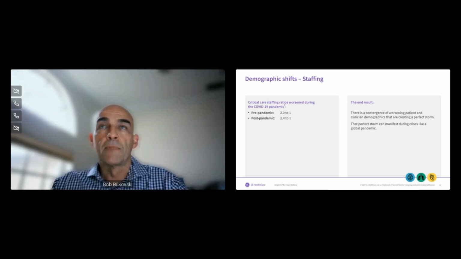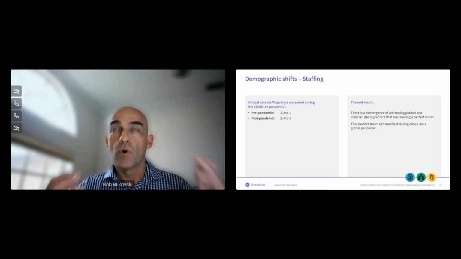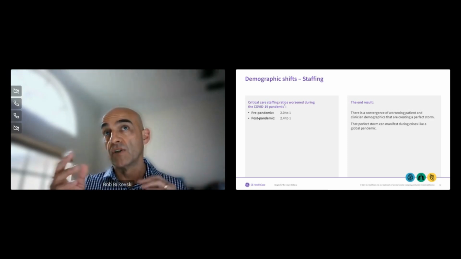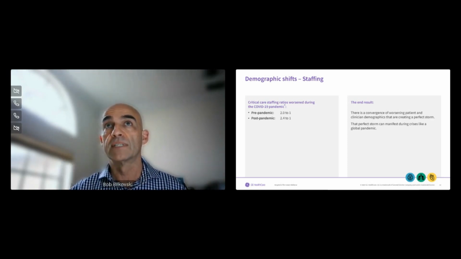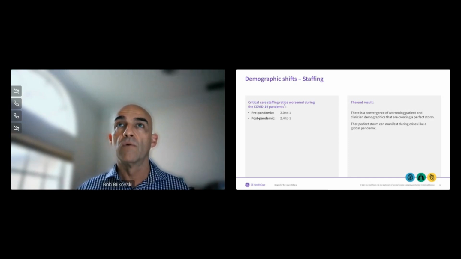So a noteworthy increase, where you have more patients being managed by the same critical care team, but now these patients also, based on what I was saying a few minutes ago, the age is going up, the comorbidities are going up. So the ratios are causing a strain as well with regards to staffing issues.